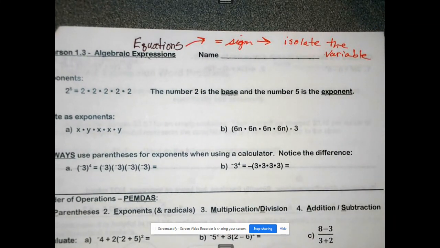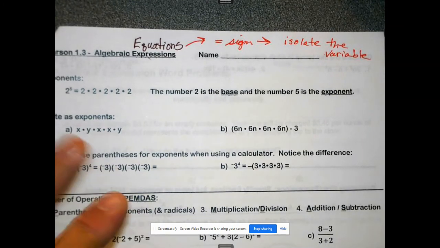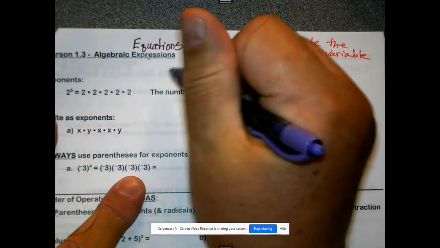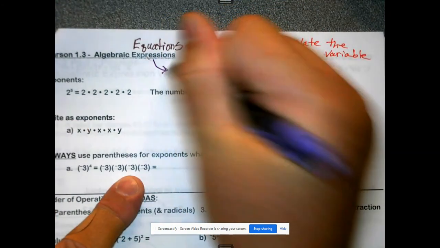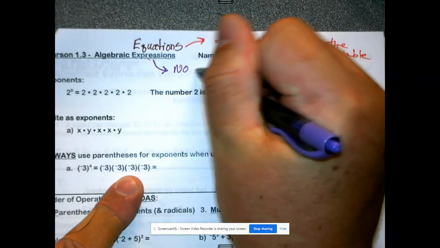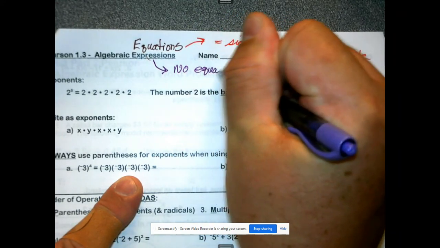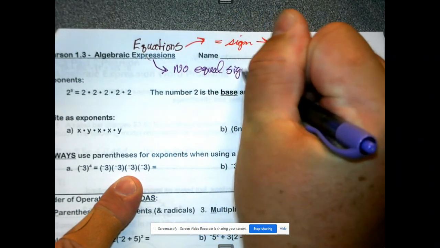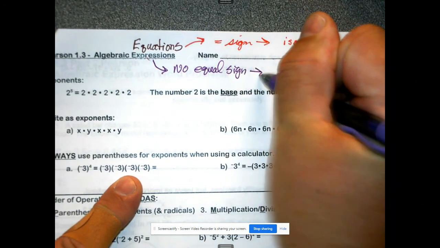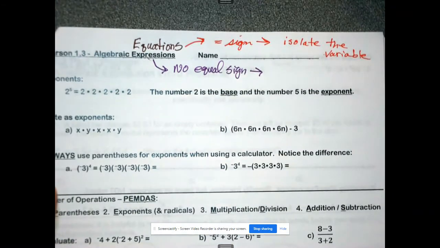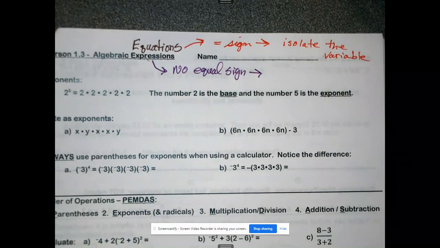Now, with an expression, guess what? There's no equal sign, right? So you're not going to be looking for x equals a number, or it could be anything really, like a fraction, or when we get into isolating y's, messy expressions.